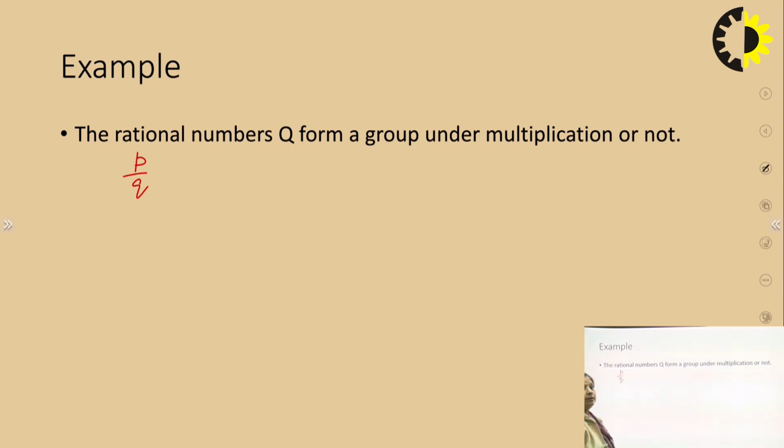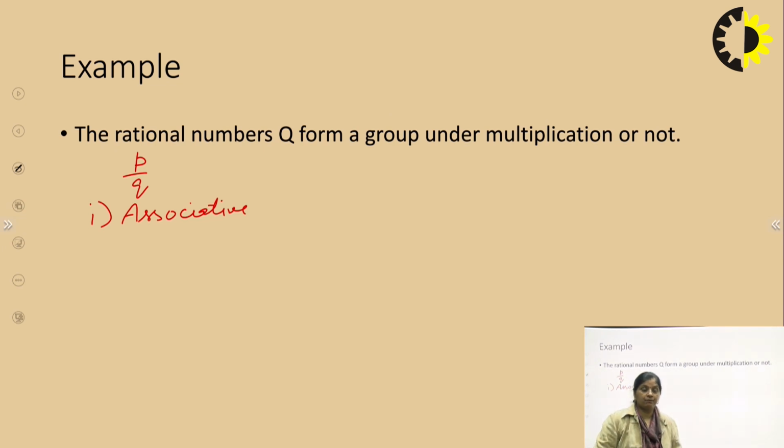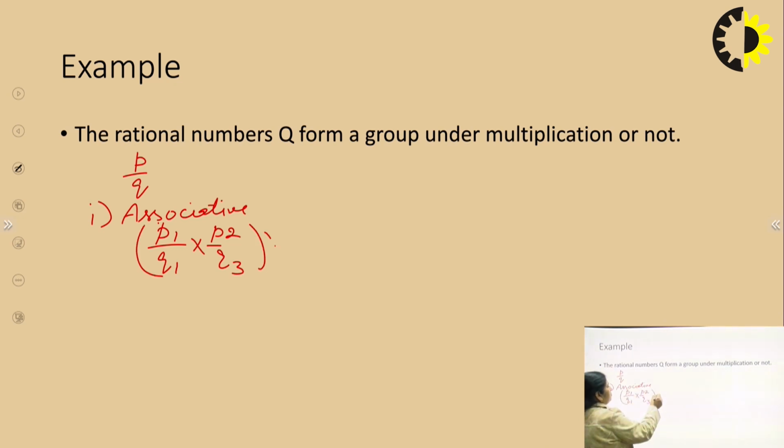So as we can see, the associative property holds for this. How can we check that? The associative property we can check with 3 numbers. The operation we are taking here is multiplication, and we know that multiplication on these numbers is associative in nature. We can verify it by taking 3 rational numbers P1 by Q1, P2 by Q2, and P3 by Q3.